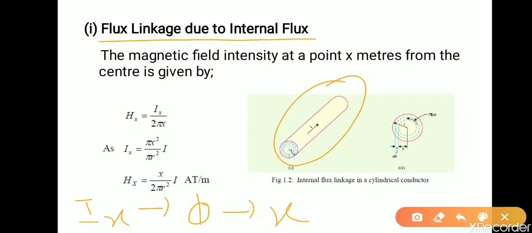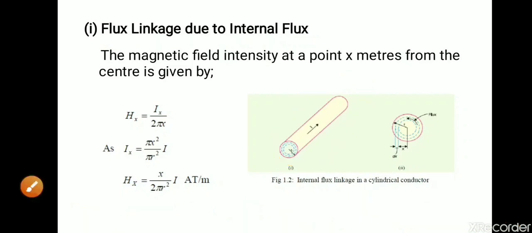And due to this flux, there will be an internal flux linkage. So here we can see that due to the internal current I of x, there will be production of internal flux at a distance of x from the center of the conductor, and hence we will obtain the internal flux linkage of the conductor.